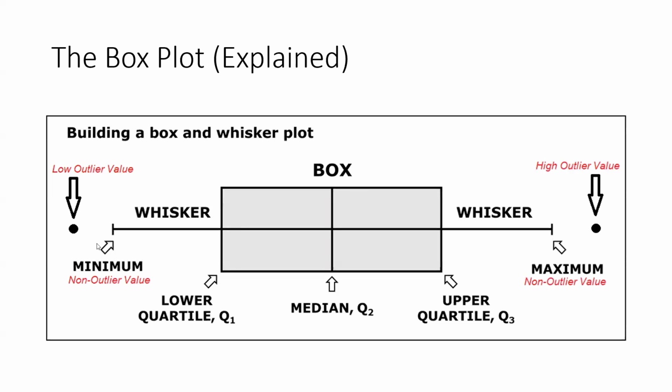Low outlier values would appear to the left because they're lower than the minimum non-outlier value. And high outlier values would appear on the right because they're higher than our maximum non-outlier value.